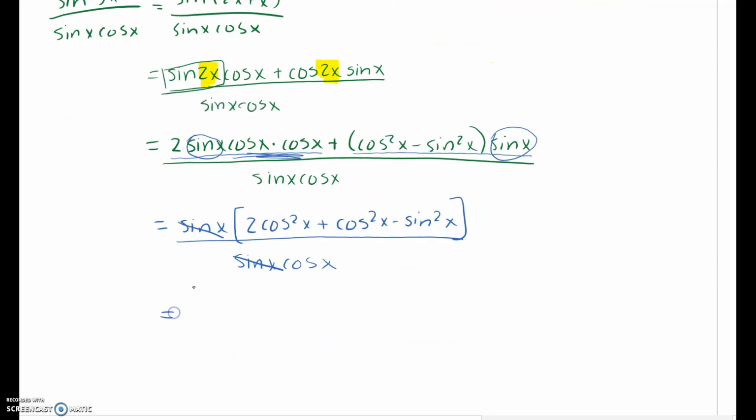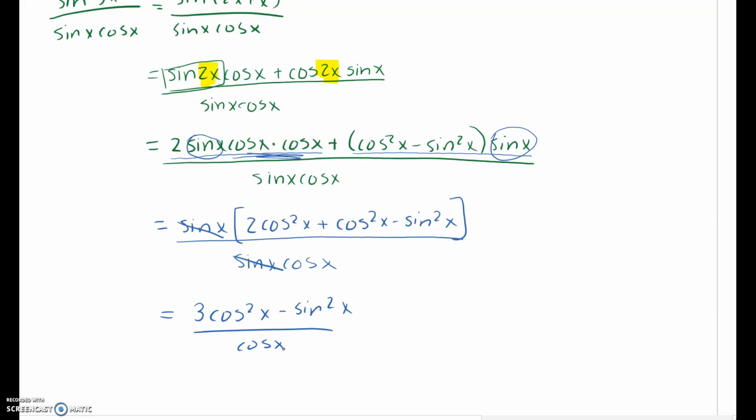So I have 2 cosine squared x plus cosine squared x. So that's 3 cosine squared x. I think I'm supposed to have 4. So I have 3 cosine squared x minus sine squared x all over cosine x.